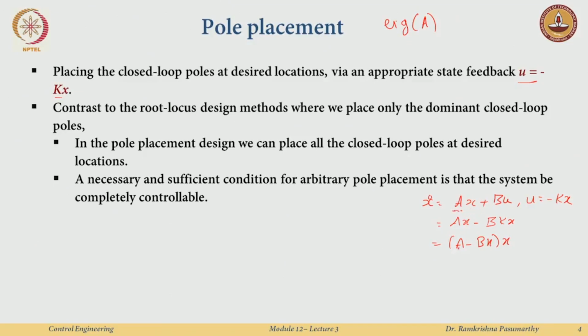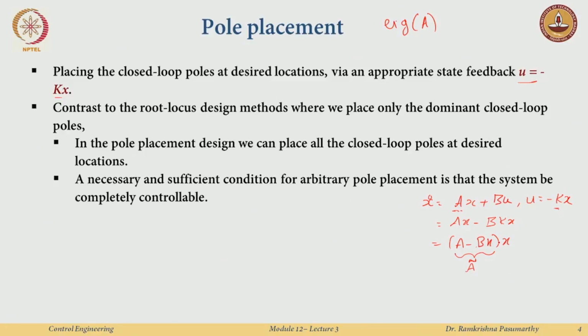Now via the control, my system matrix has changed to this new A tilde, if I can call this. Now can I change, or can I place the poles or the eigenvalues of the closed loop system via this choice? So this shows that, well, something is changing via B and K. Right. So this technique is called the pole placement technique.